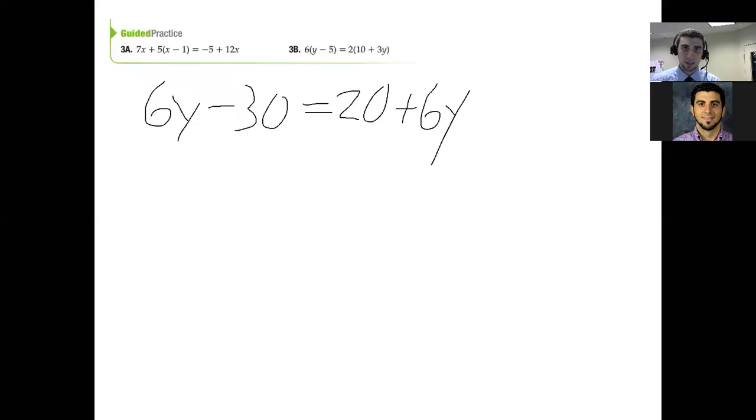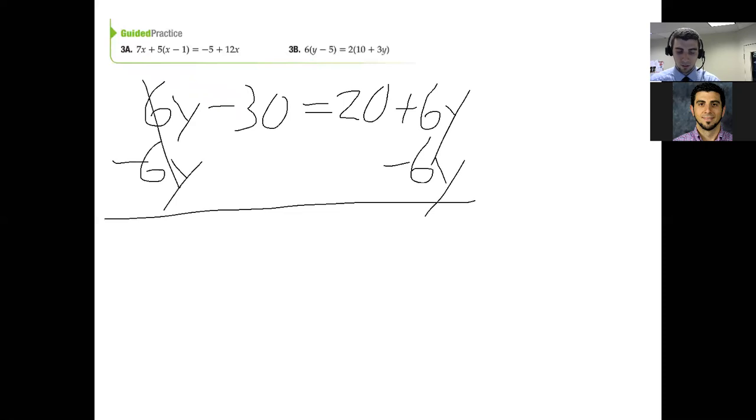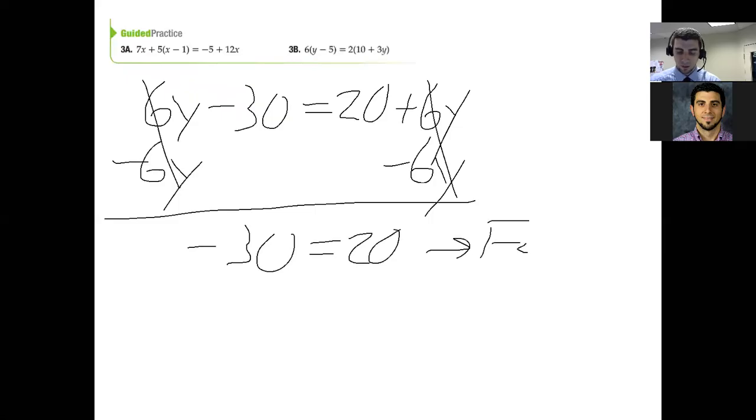Now you would subtract 6y from both sides, and you'd have negative 30 equals 20. That is false. So the variables canceled, and so no matter what number you plug in, it's never going to work. So this is no solution.